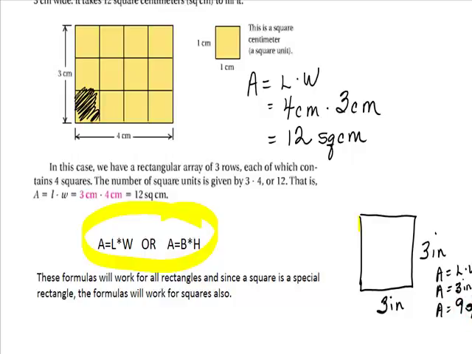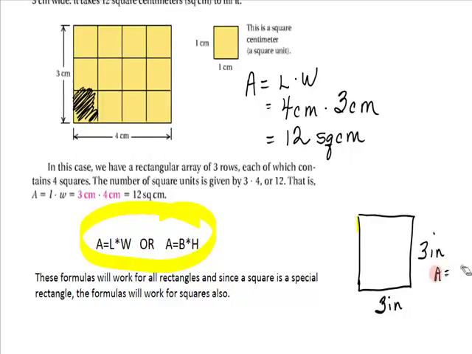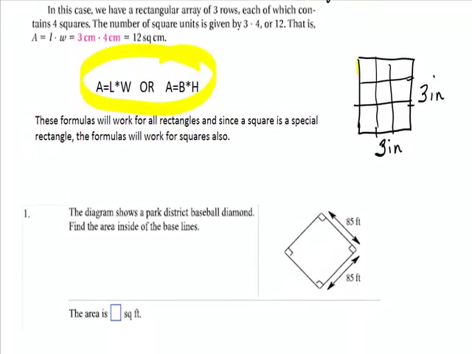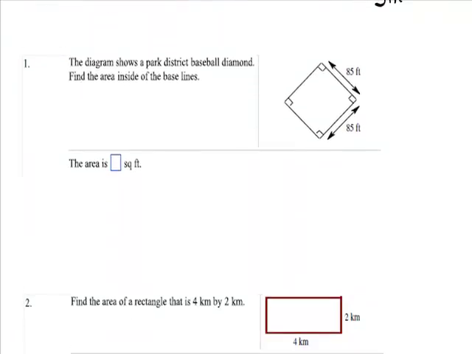That may be off the screen, but it is 3 inches times 3 inches. That means that we have 9 square inches. So whether it's a square, which is a kind of rectangle, or just a rectangle, you can use these formulas. So now let's take a look at that in some problems.